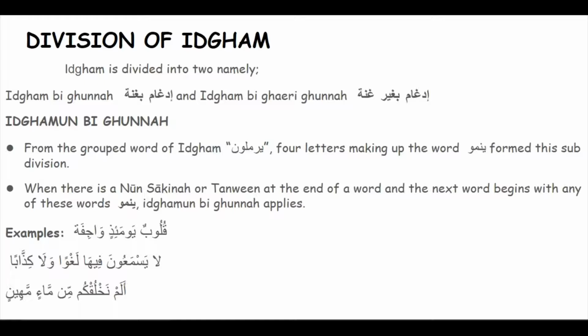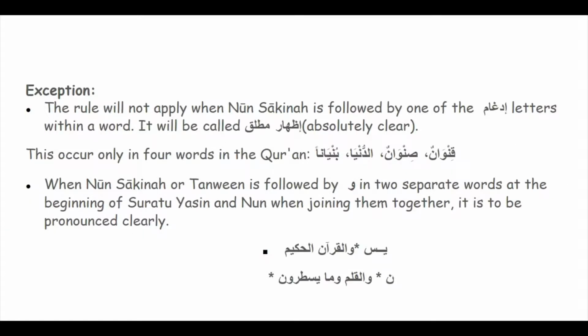The other branch or division, an exception to the rule, is that the rule will not apply when nun sakina is followed by one of the idgham letters within a word.